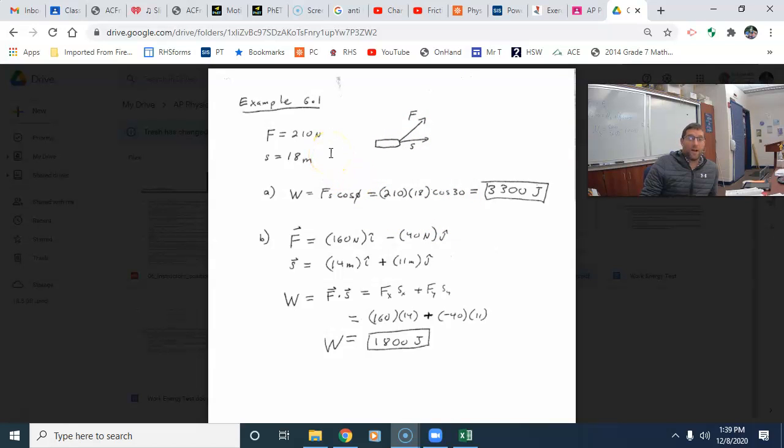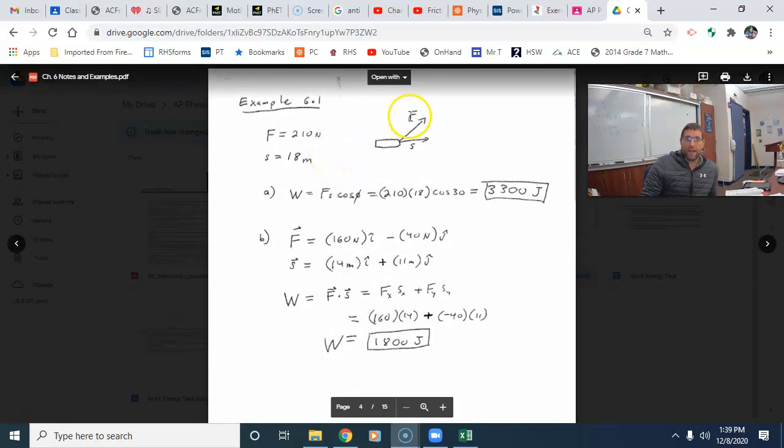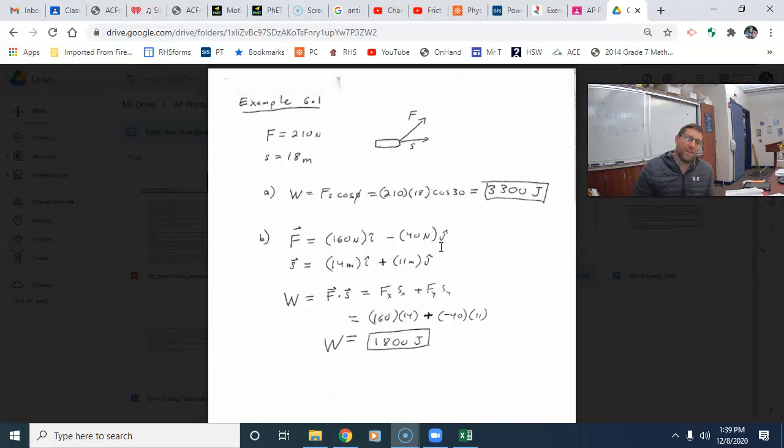So we cannot just simply say work equals F times S, because not all of his force is in the direction of, on the axis of, the displacement. That's why we explained a minute ago the best way to define this is through the dot product, because the dot product of these two vectors is Fs cosine theta, which in turn just isolates the horizontal component of the force that is along that axis and ignores the vertical piece of the force that is not on that axis in our diagram.